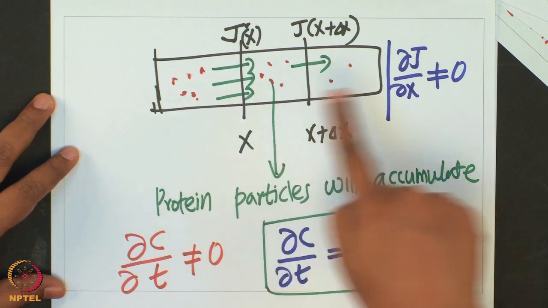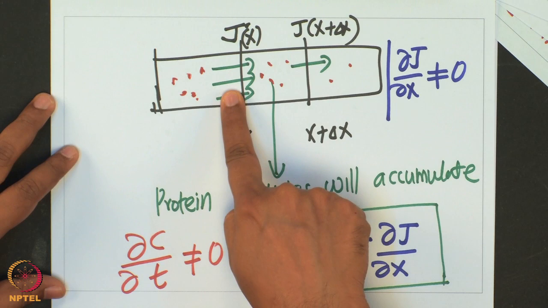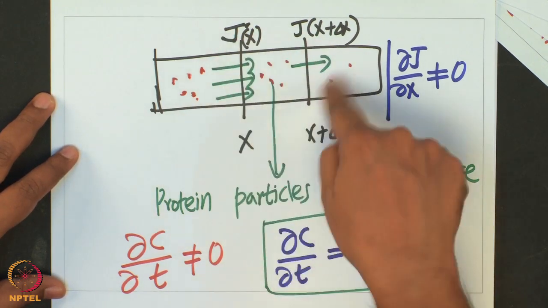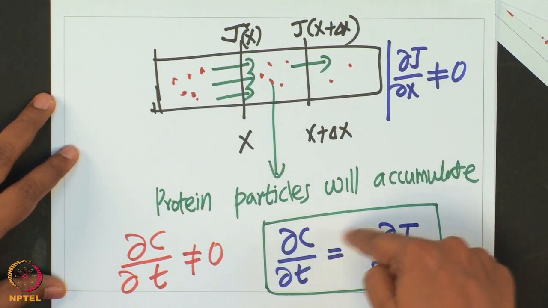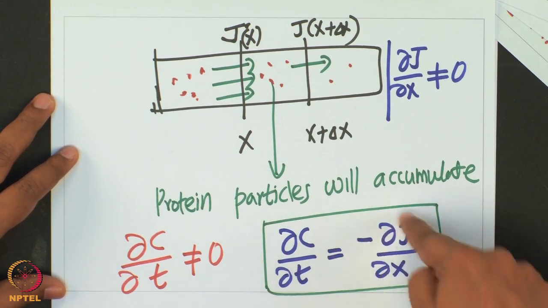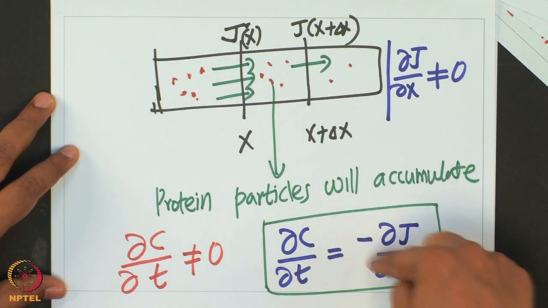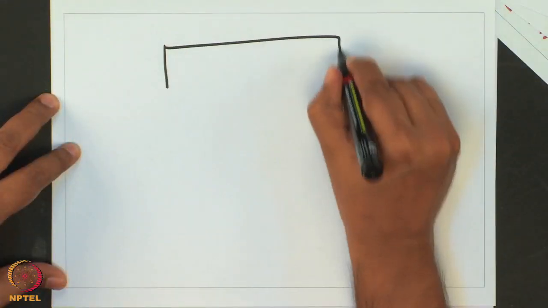Here we can see that J at x plus dx minus Jx. So the flow here is less compared to the flow here. So this minus this will be a negative number. This would mean that del C by del T is a positive thing, because del J by del X is negative, and with the minus sign this will give us a positive number. So let us look at it a little bit carefully. Let us look at both the cases. Let us look at the first case which we described just now.